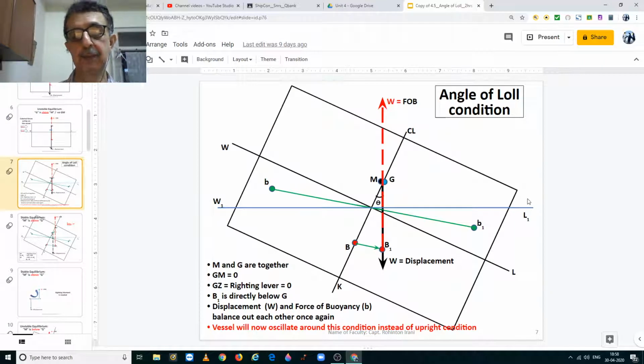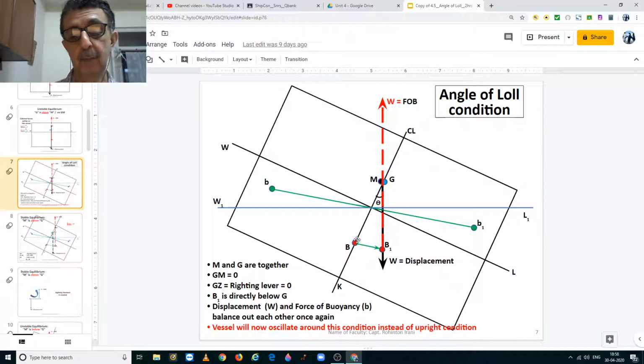Now when she goes into an angle of loll condition, the metacenter and the center of gravity come together.